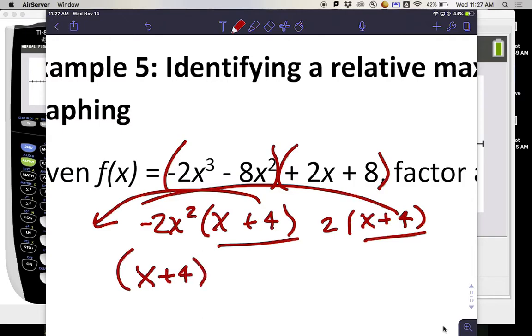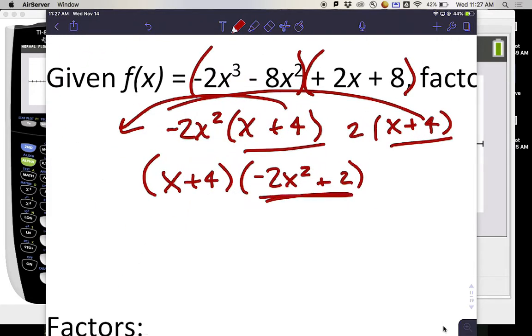And then the second group here is just going to be negative 2x squared and then plus 2. We can technically factor out a 2 there. And actually we can factor out a negative 2. I'm going to factor out a negative 2, and here's why. If you factor out negative 2, then you have x squared minus 1.